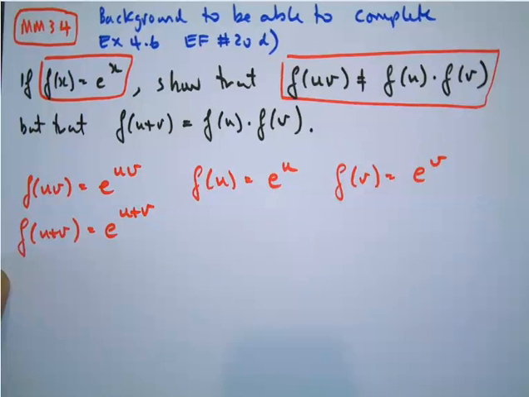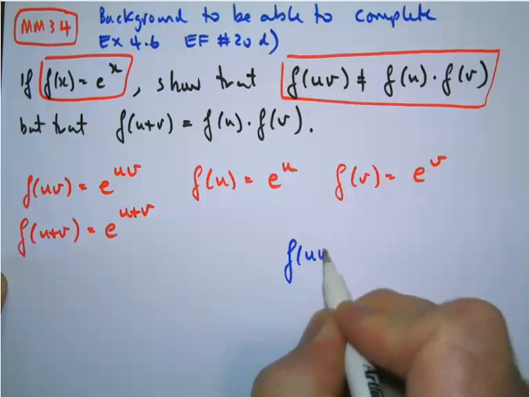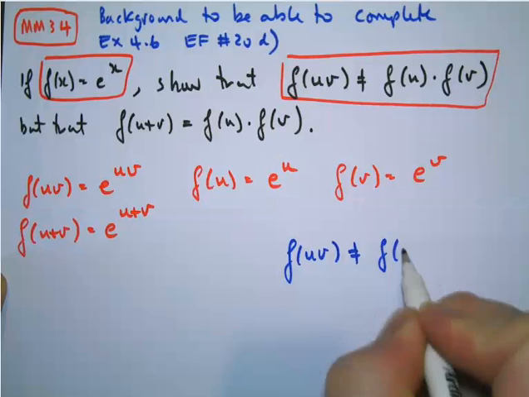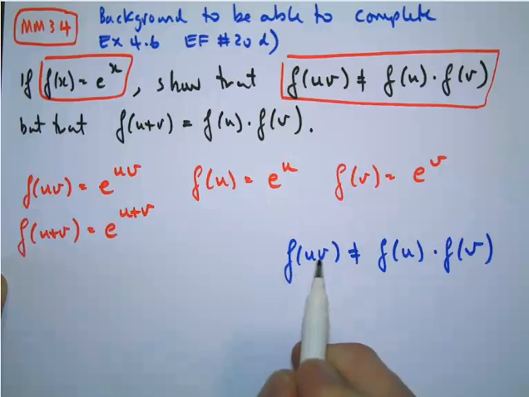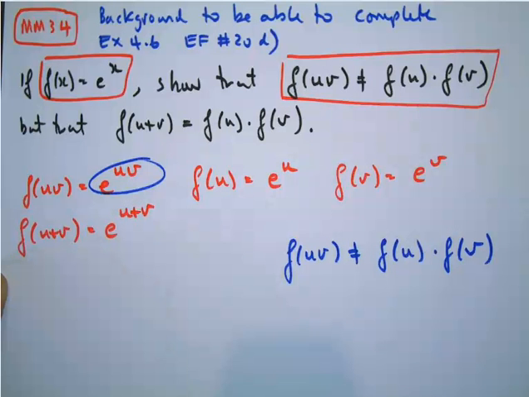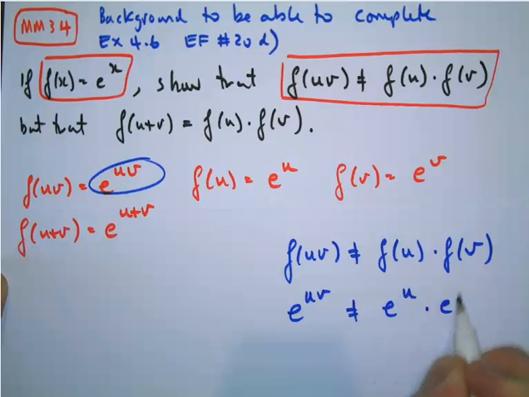So the proof that I need to show is that f of uv does not equal f of u times f of v. This is that. So e to the uv does not equal e to the u times e to the v.